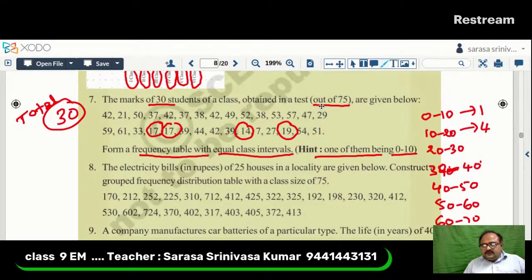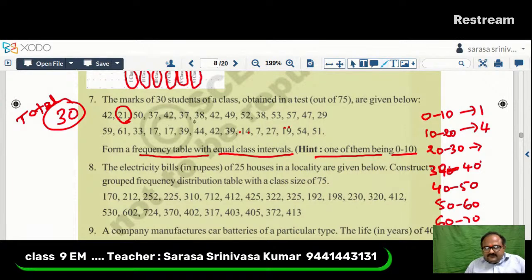Now let us count the number of students in the third class interval, 20 to 30. Let us observe the marks obtained by the students from 20 to 30.